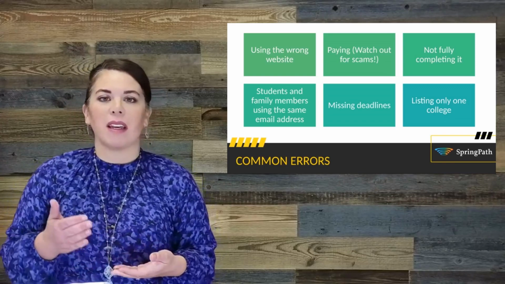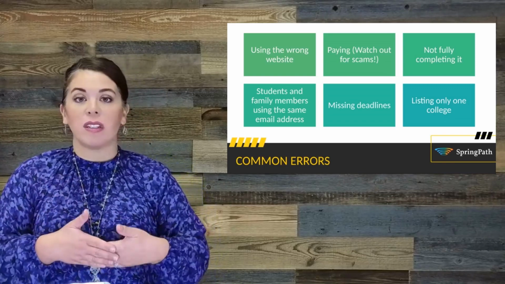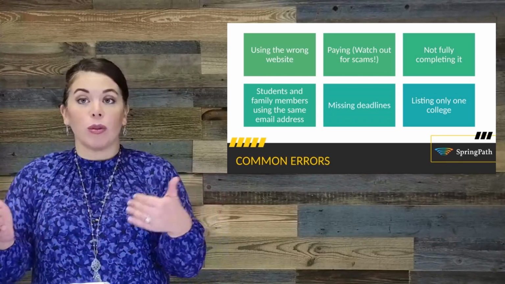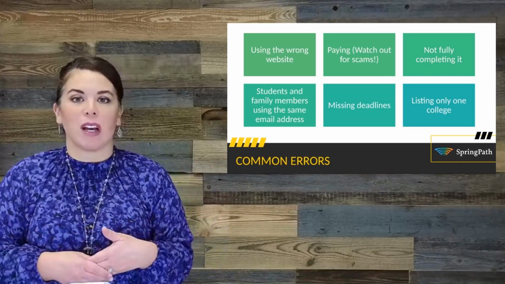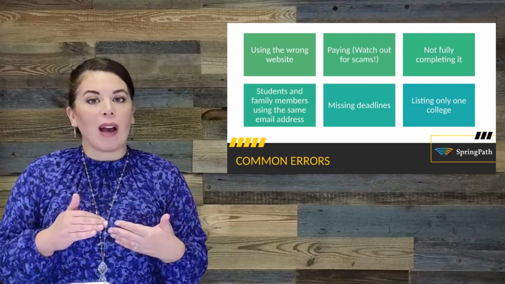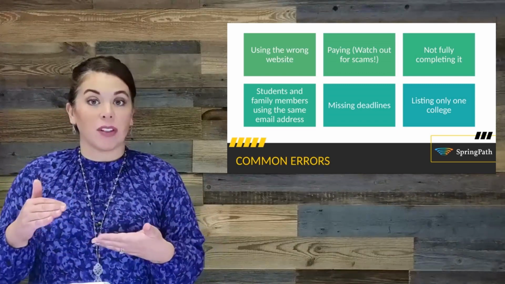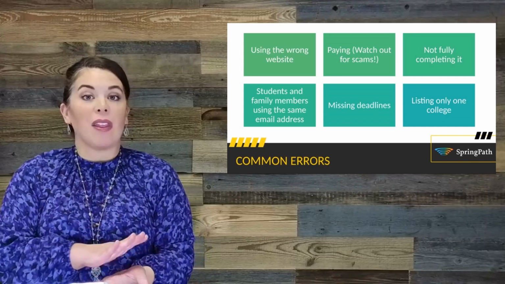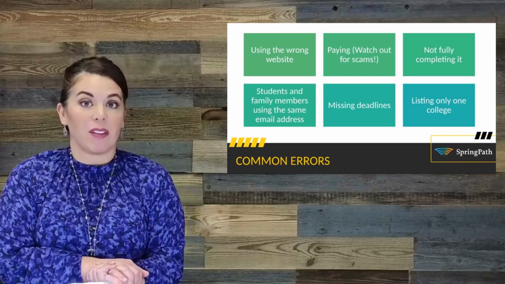And then another mistake is not putting all of the colleges in, just listing one. Again, maybe there are 2, 3, 4, 8 colleges on your list. Just know that you have to put the school code or the FAFSA code for each individual institution to which you're applying on that FAFSA for them to receive that information.